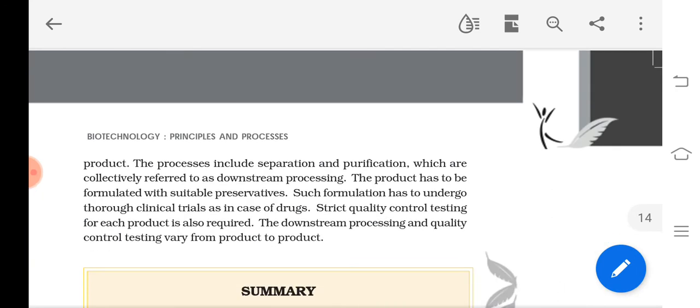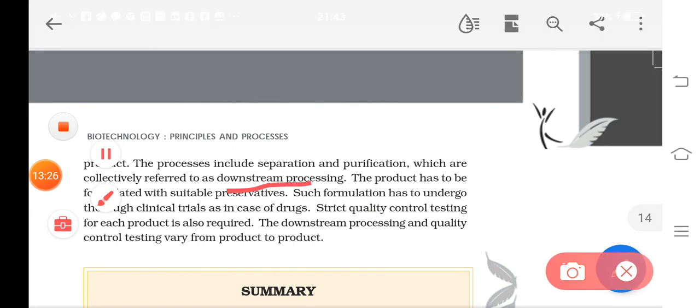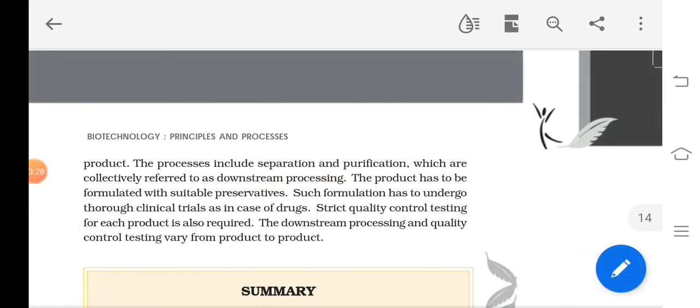Understood? That includes separation, purification, etc., and all this together is known as downstream processing. So how can you define downstream process? It is the process of purification and separation of the products before marketing.